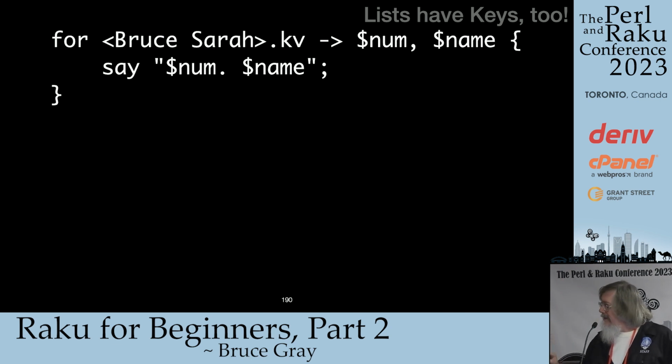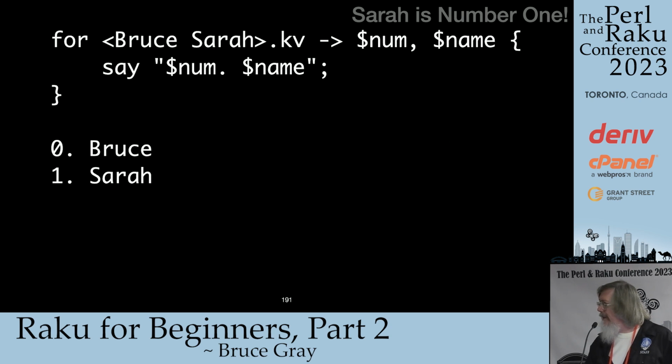Okay, so the key the first time through is 0, element 0, and the value is going to be Bruce. So I'll get 0.Bruce. And the next time, there'll be 1 and Sarah, 1.Sarah. And I printed it. Oh, because Sarah's number 1. Aren't I clever? Last year.